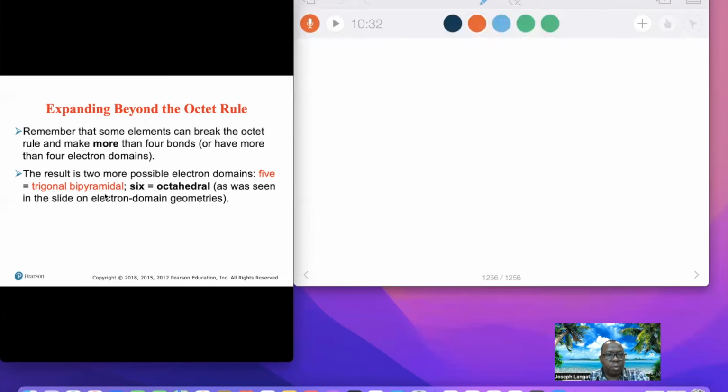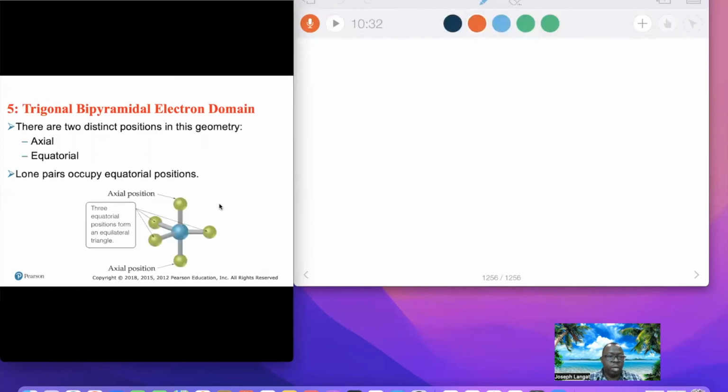We call this trigonal bipyramidal for 5 domains, and for 6 domains, octahedral. We're talking about electron domain now. If you have 5 domains, trigonal bipyramidal, if you have 6, it's octahedral. Well, if you have lone pairs on the central atom, the first priority goes to the equatorial position. Equatorial position is along the equator, but this is the axial position, up and above.